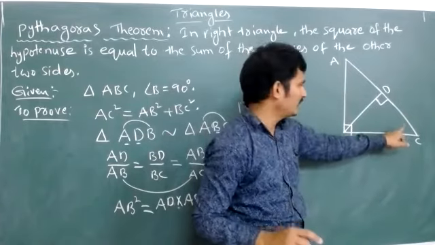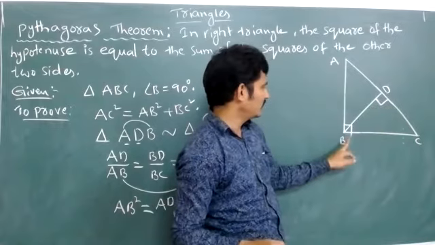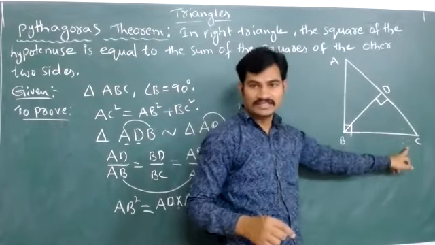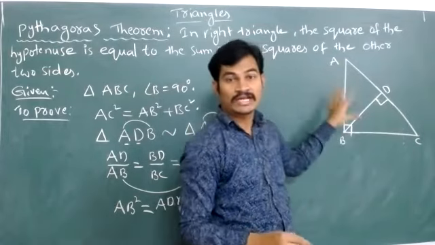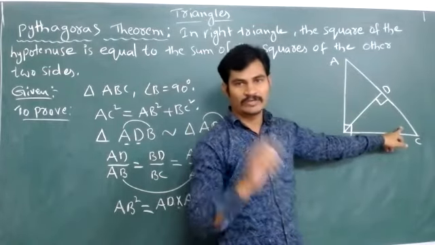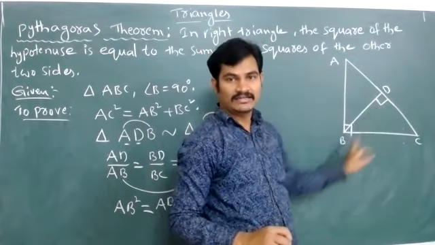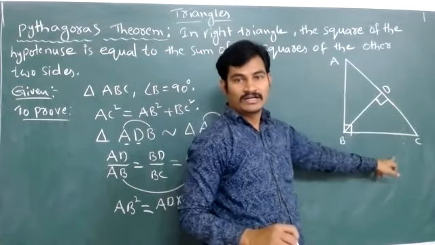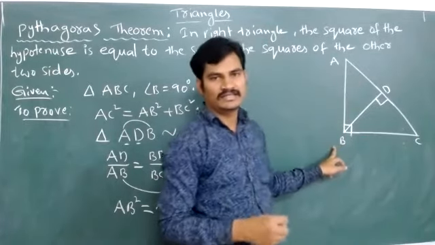In these two triangles, angle C is common, and angle D is 90 degrees in triangle BDC, and in triangle ABC, angle B is 90 degrees.